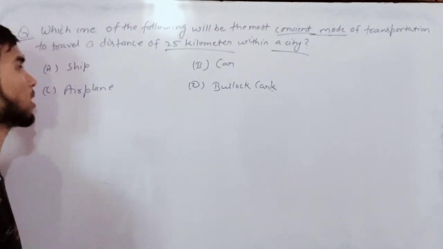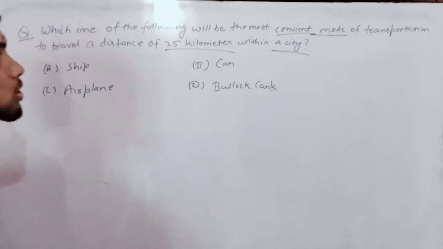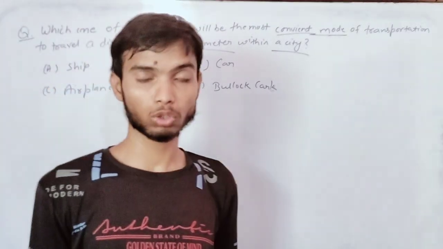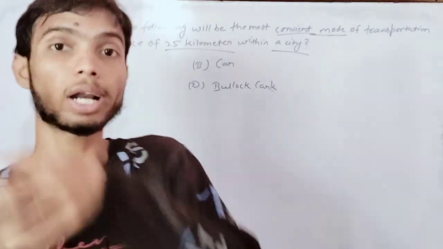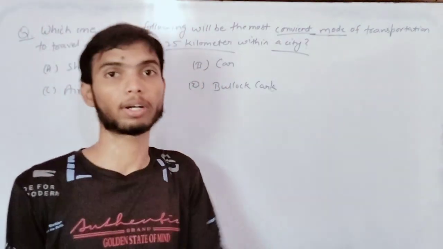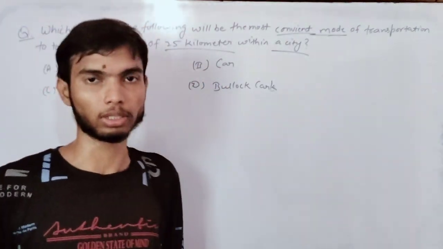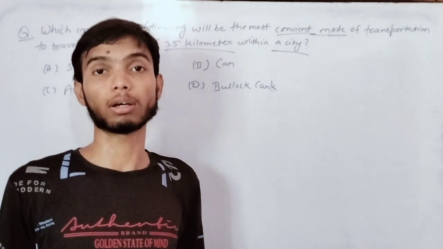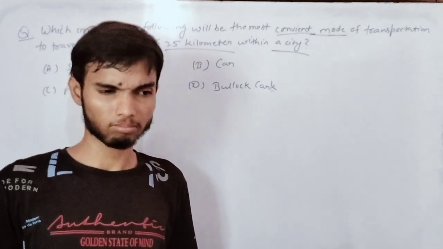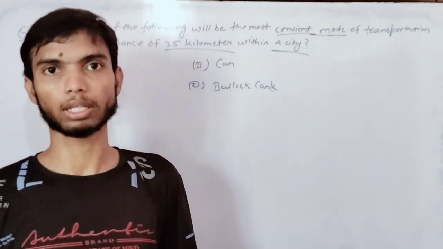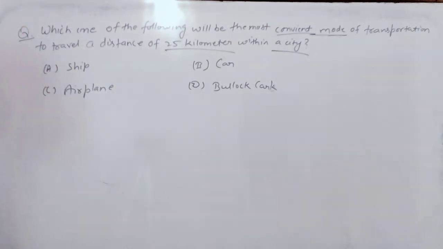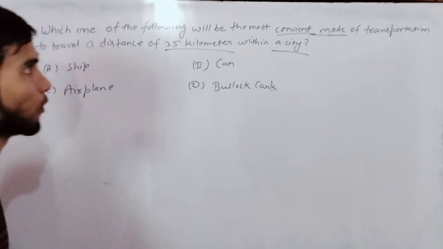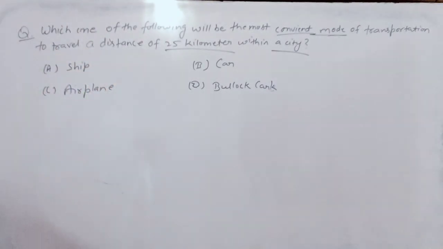Which transportation will you take to travel a distance of 25 kilometer within a city? But there should not be a barrier. So from your side, which transportation would you like to take?